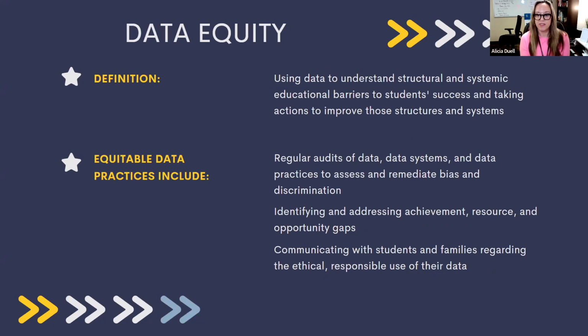And then identifying and addressing achievement, resource, and opportunity gaps using data. That's a great way to use data. And also, and this is really big, communicating with students and families about the ethical, responsible use of their data. That's part of data privacy that we talked about in the beginning: telling people what you're doing with their data and how you're protecting it.